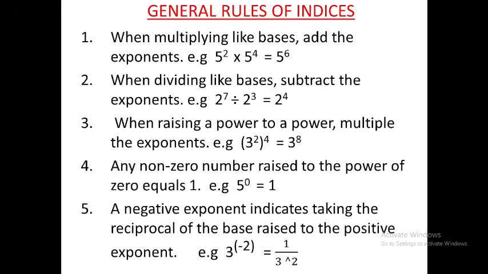I believe that is okay. So if I'm given 5 exponent negative 2, it becomes 1 over 5 exponent 2. I believe that is okay. So these are the general rules of indices. If you comprehend everything here, trust me, you can solve every question under indices.